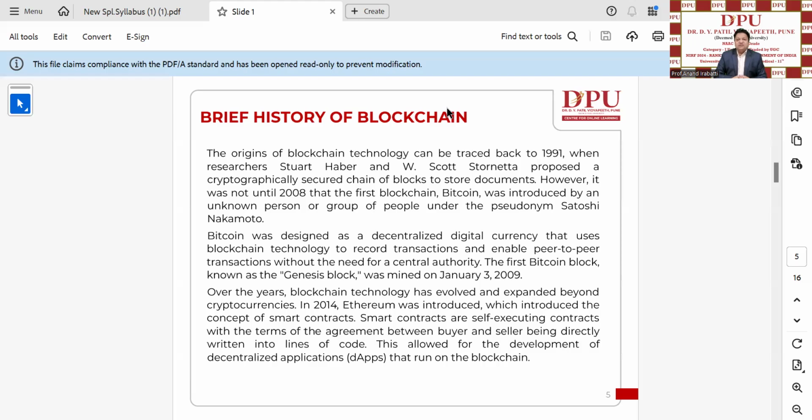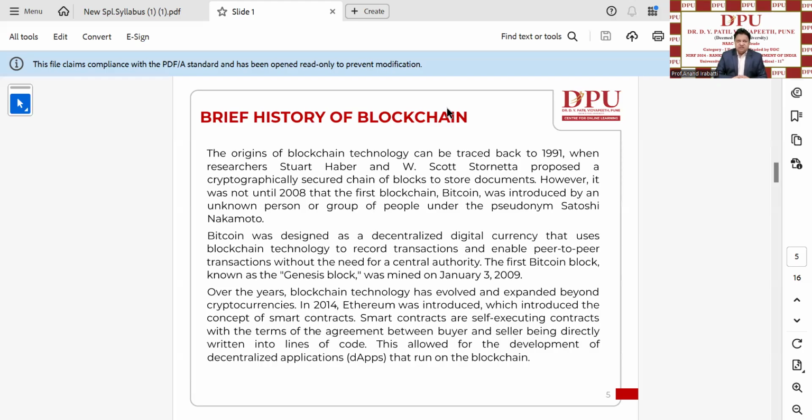But the shape has been given by Satoshi Nakamoto in 2008 by inventing the first Bitcoin. And in the year 2009, the first Bitcoin block, that is the Genesis block, was created. So in the year 2009.